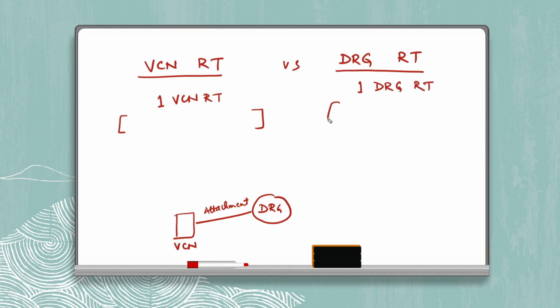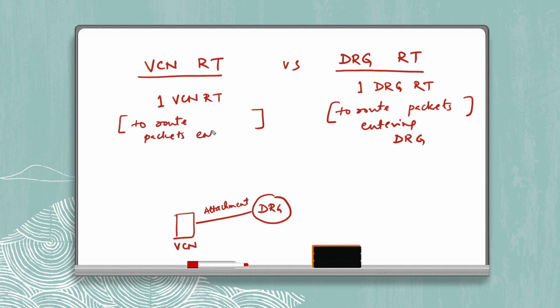The purpose of this DRG route table is to route packets entering the dynamic routing gateway. And the purpose of this VCN route table is to route packets entering the VCN.